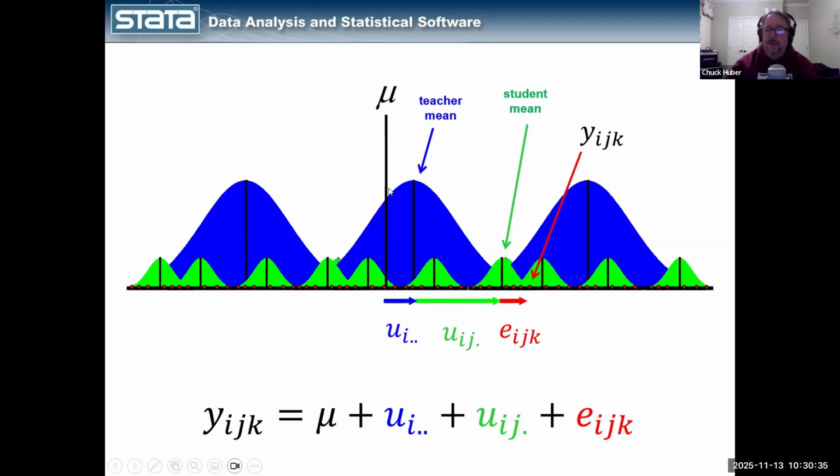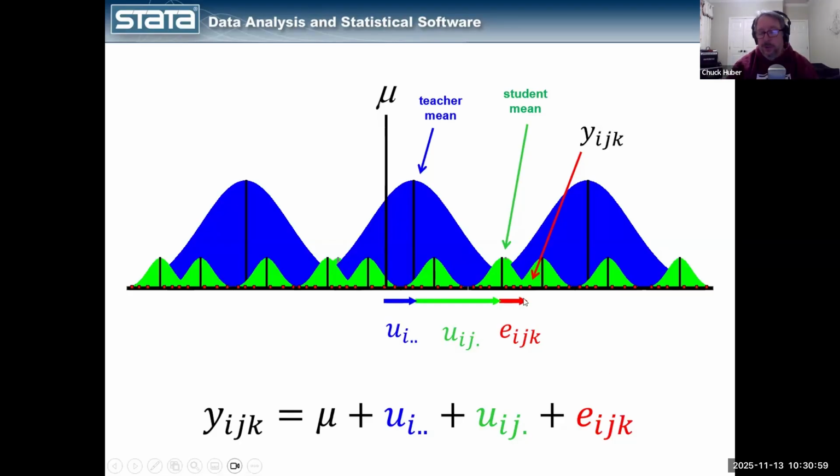So what I will have effectively done with this kind of a model is I've taken the observation and partitioned it into four parts: the overall grand mean, the deviation of the classroom or teacher mean from the grand mean, plus the deviation of the student mean from the teacher mean, plus the deviation of that particular observation from the student mean. Okay? So that's all we're doing with these models. And it's the same residual.